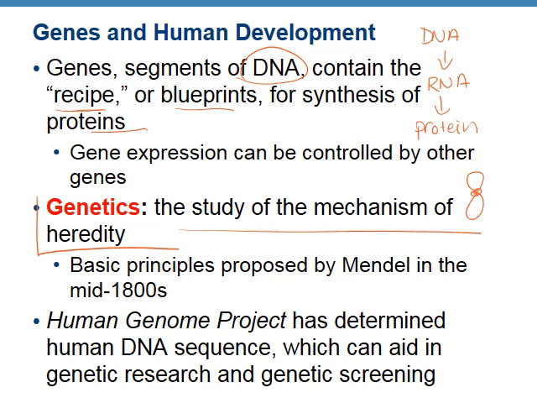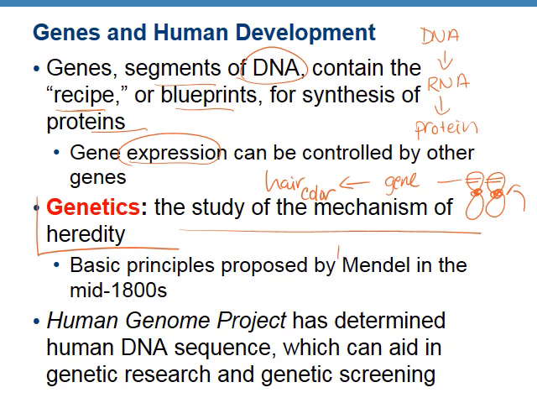If I have this chromosome here and this chromosome here, let's say right here I have a gene for hair color. It's a segment of DNA. Gene expression can also be controlled by other genes. There could be a nearby gene that's actually controlling the expression of this particular gene.